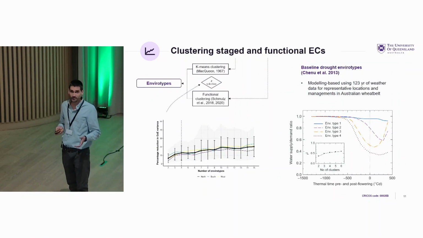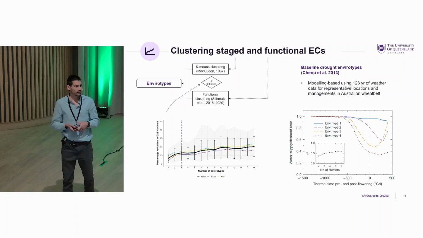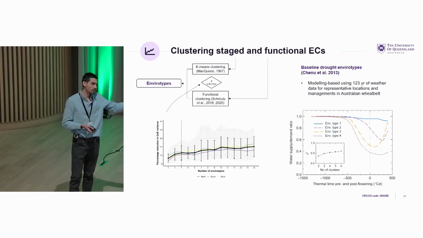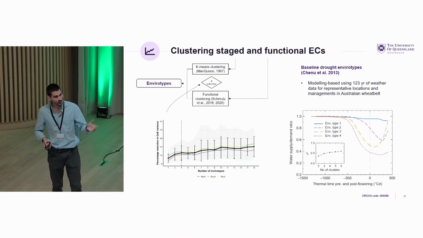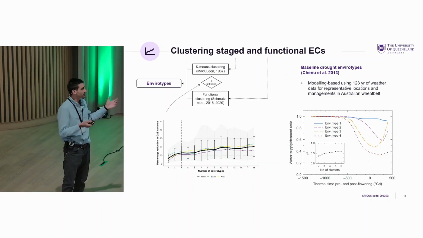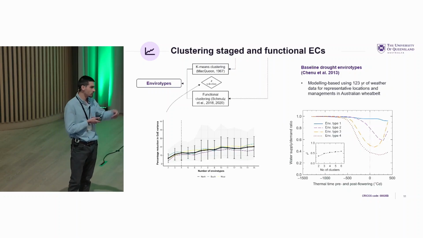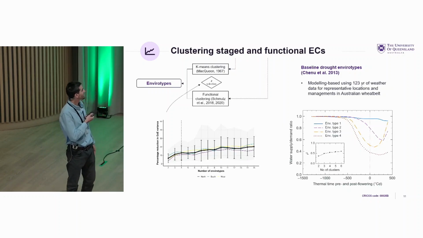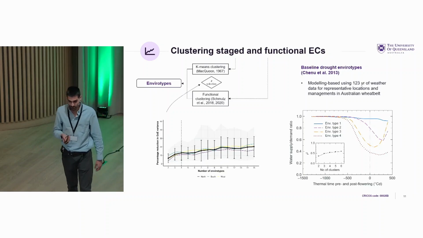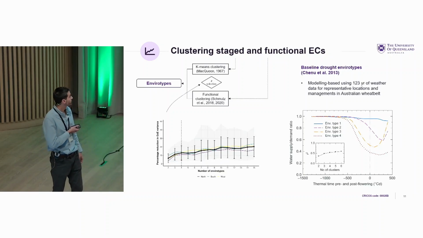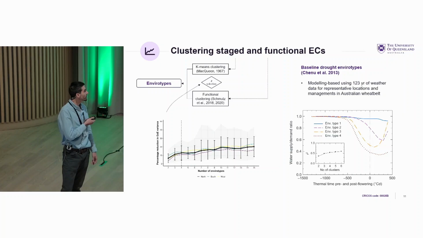Once we selected those potentially useful environmental covariates explaining the G/E, we then moved on to the clustering procedures. The same here: clustering on the selected stage ECs or static ECs, or a functional type of clustering. And that's the selection here of the number of clusters that we need, or of envirotypes.